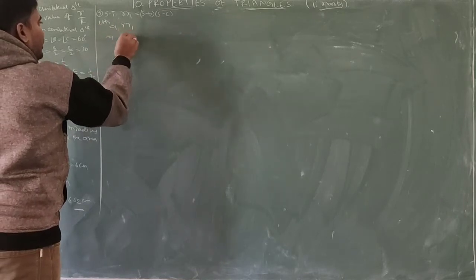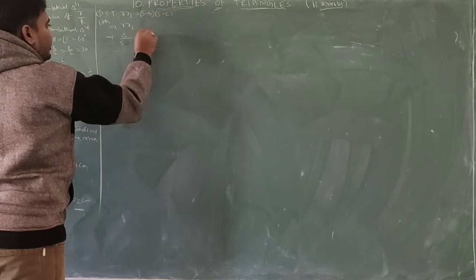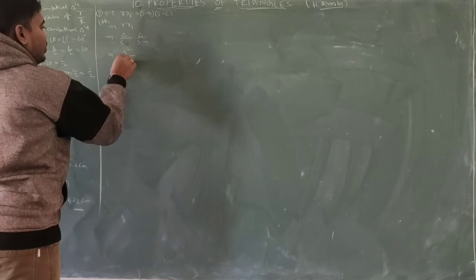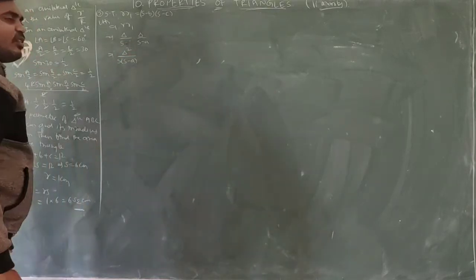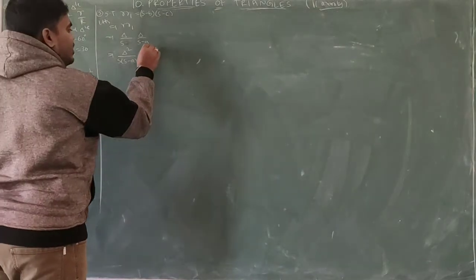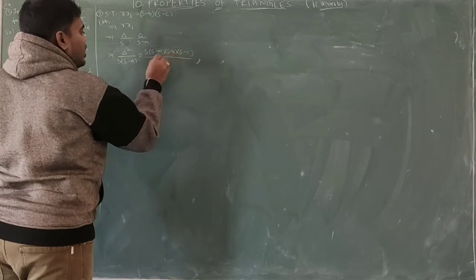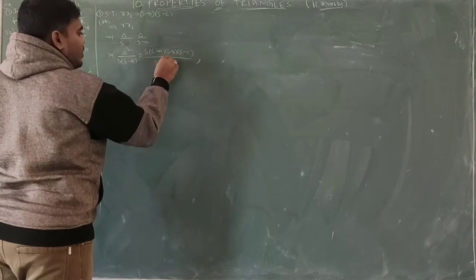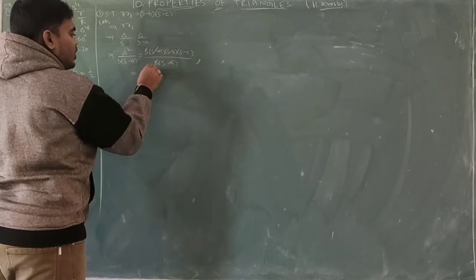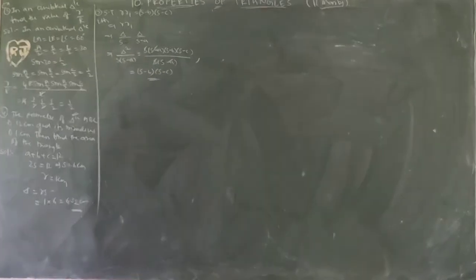The r formula is delta by s, and r1 is delta by s minus a. So delta into delta, delta square by s into s minus a. Delta square is given by the root formula, so it cancels. S, s minus a, s minus b, s minus c by s into s minus a. S cancels, s minus a cancels. Overall, s minus b into s minus c. So this is the answer.